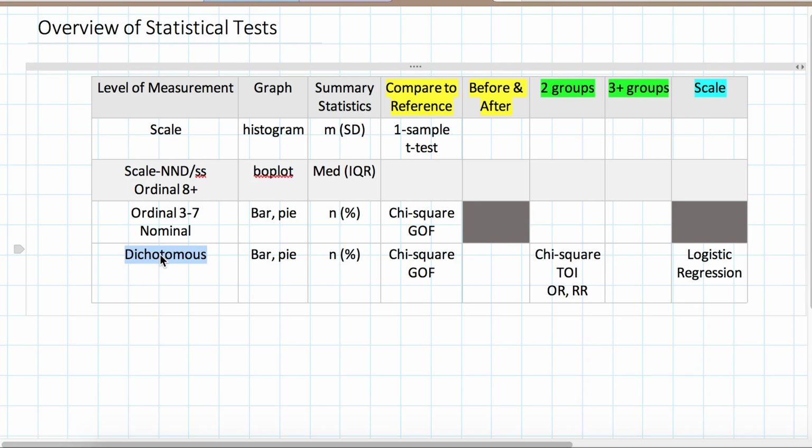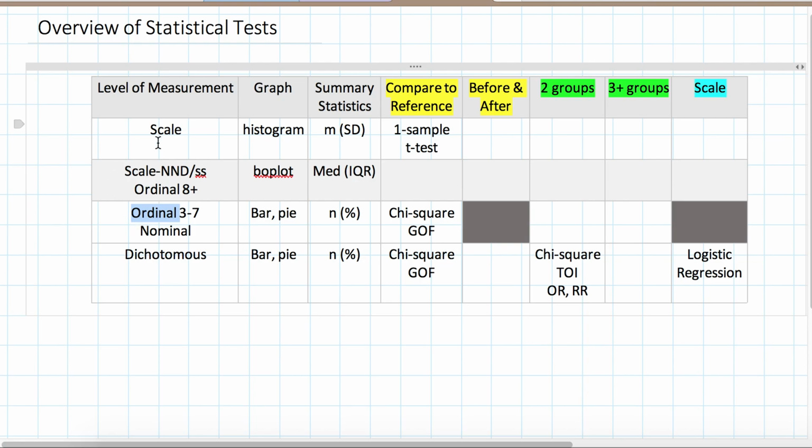So you can ask the question, do we have at least two values? Nominal means, do we have at least three? And so it could be 3 or 4 or 10. Ordinal means that those 3 or more are in a specific order. They make more sense, kind of low to high, or disagree to strongly agree, that kind of thing.